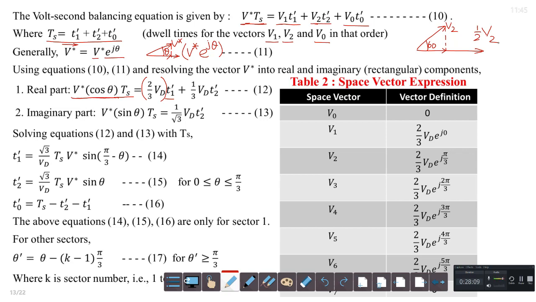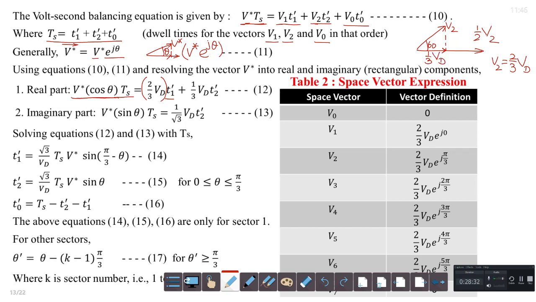And what is V2? V2 is 2 by 3 times the DC link voltage Vd. V2 magnitude is 2 by 3 Vd. So, the horizontal component is 1 by 2 of V2, that means 1 by 3 times the DC link voltage Vd.